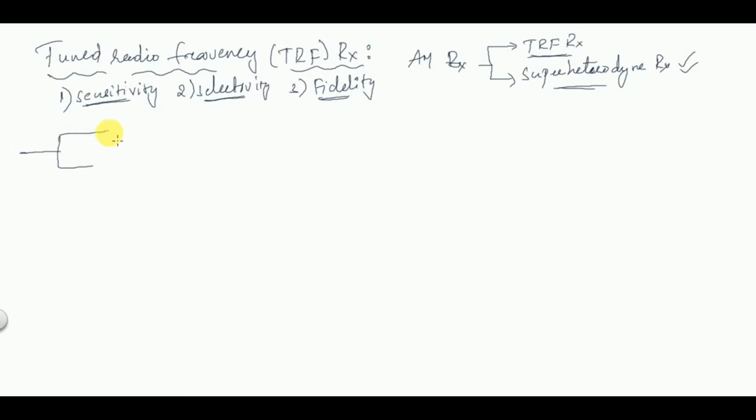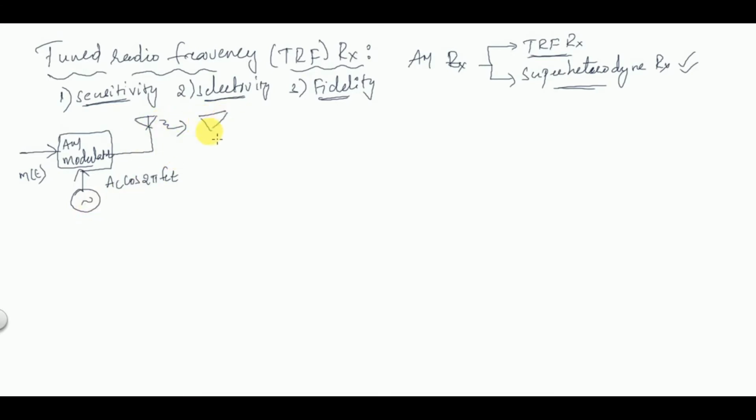Right, so now we'll see the block diagram of this TRF receiver. So the AM modulator here uses a carrier Ac cos 2 pi fc t, and m(t) is being used, and suppose we are transmitting it through an antenna.